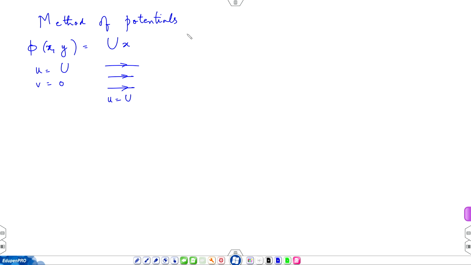So, using phi x equal to psi y, you get u equal to psi y. So, integrating it is U y plus f x, and then minus psi x is minus f prime, which is 0. So, f is equal to just some constant, neither a function of x or y.